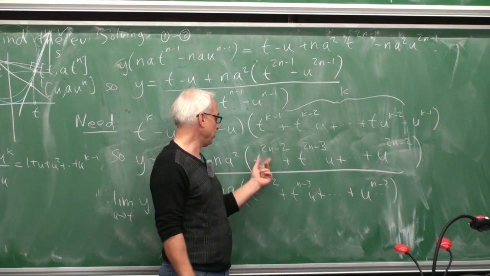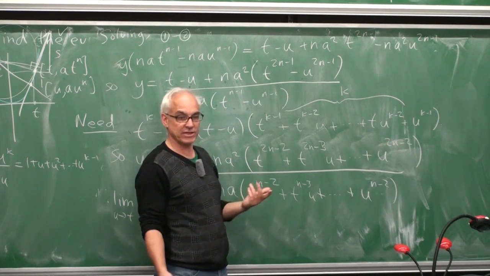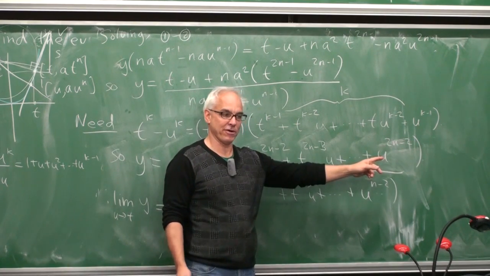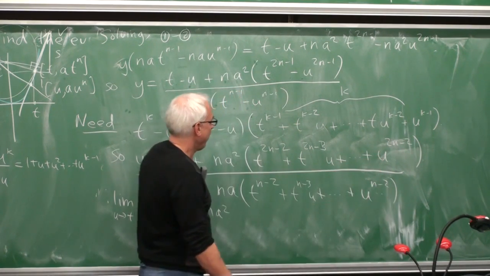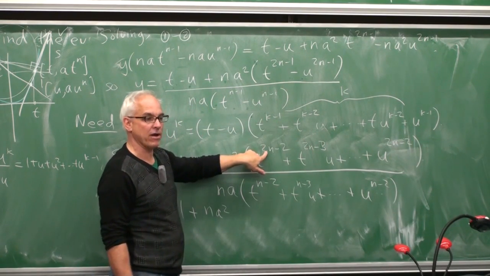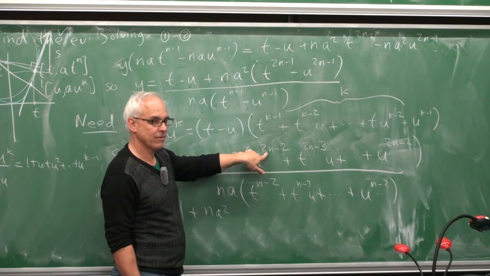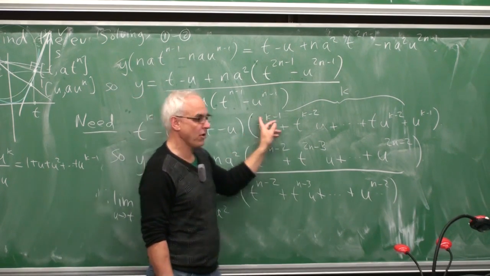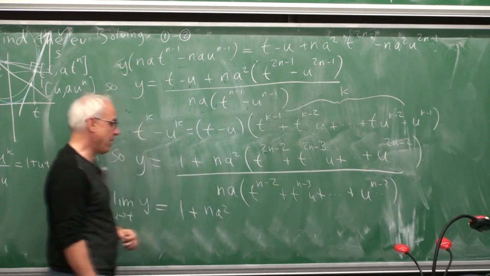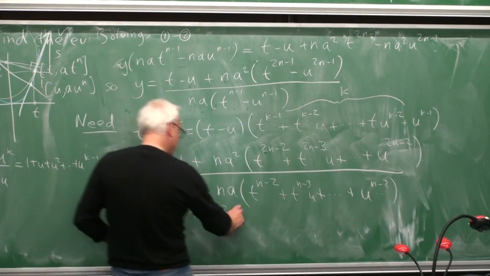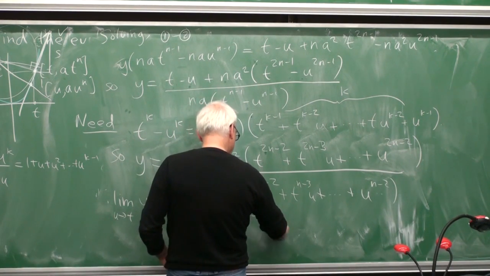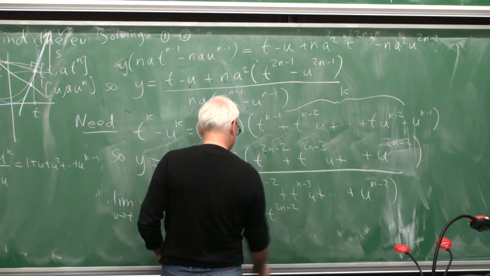They're all going to be t to the 2n minus 2, because we're setting u equal to t. So the only question is, how many of them are there? We said that there is one more than the first power here. If it starts with k minus 1, then there are altogether k terms. So there are altogether here 2n minus 1 terms. So we have to factor 2n minus 1 here, and each of the terms is actually t to the 2n minus 2.